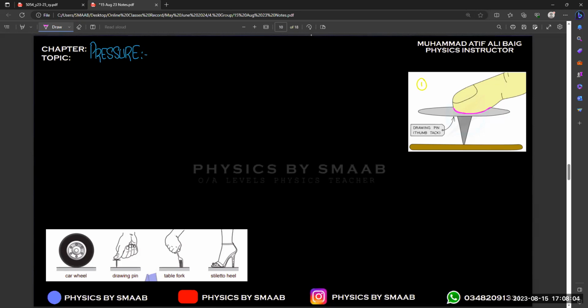So actually, what is pressure? Simply we can define pressure as force acting per unit area. So it is a very simple concept. The force acting per unit area is known as pressure.